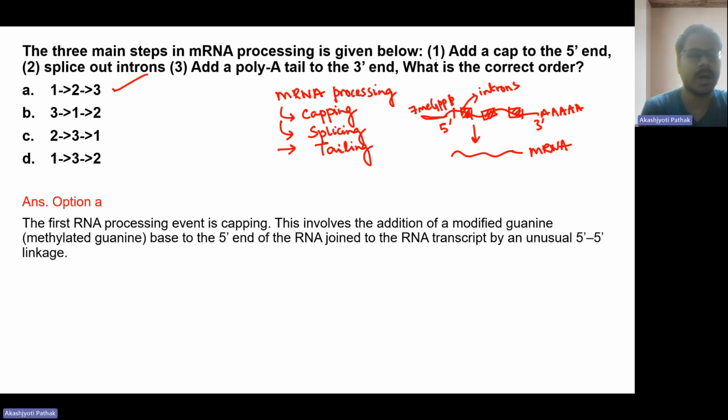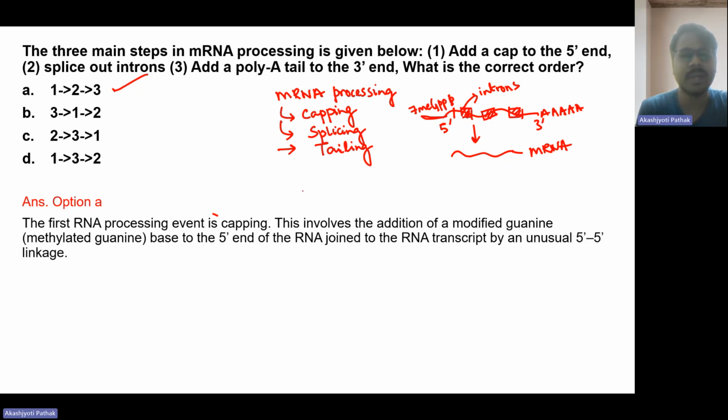Okay, so the first RNA processing event is capping. What happens in capping? In capping, there is addition of a modified guanine base to the 5 prime end of the RNA, joined to the RNA transcript by an unusual 5 prime linkage. This capping process has multiple steps and is acted upon by several enzymes.